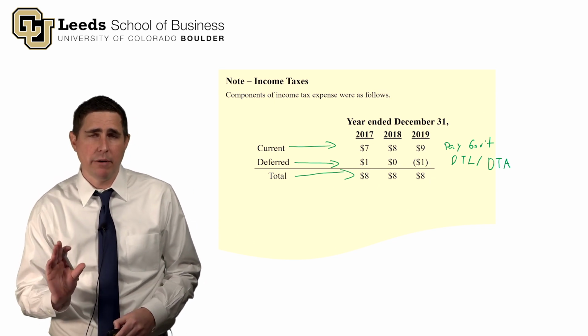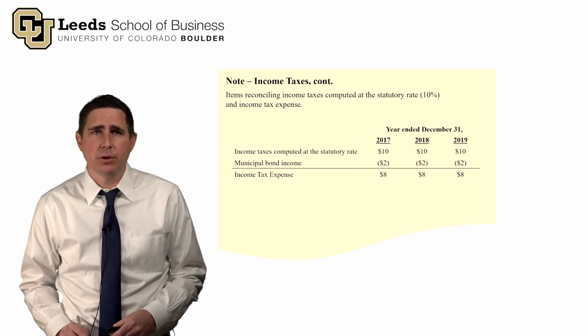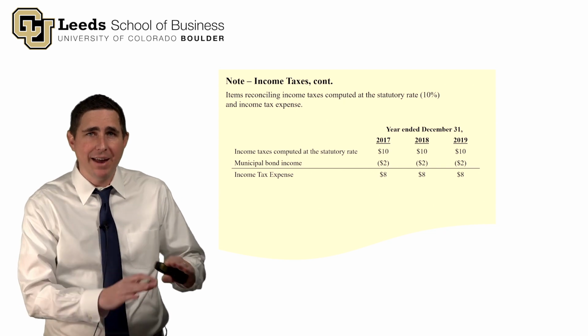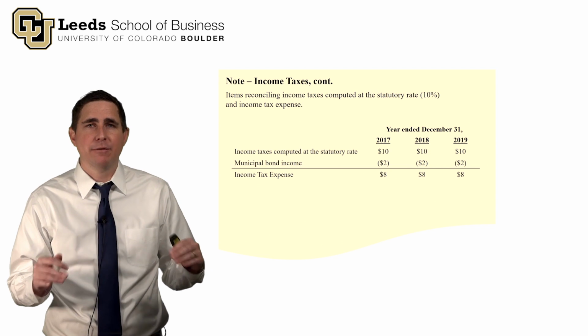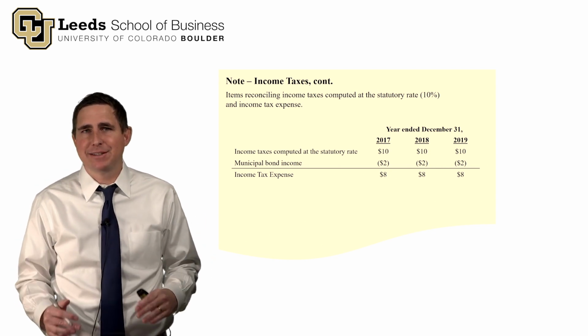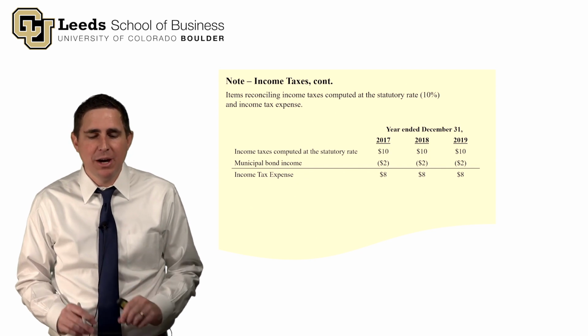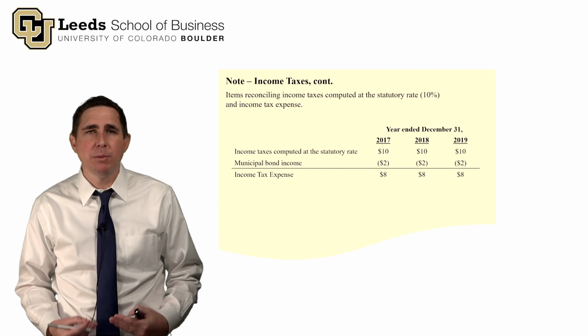That's the first component of the tax footnote. The next component of the tax footnote is a reconciliation between what you would have had as income tax expense if it was just the statutory tax rate versus what you did have as income tax expense based on all of your permanent differences, okay? So this table just shows you a listing of a company's permanent differences.